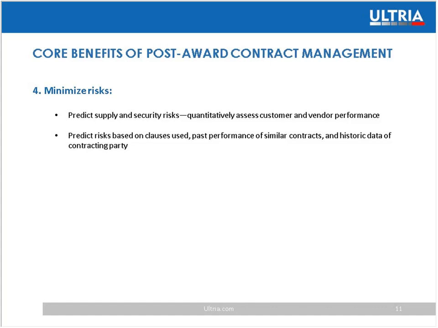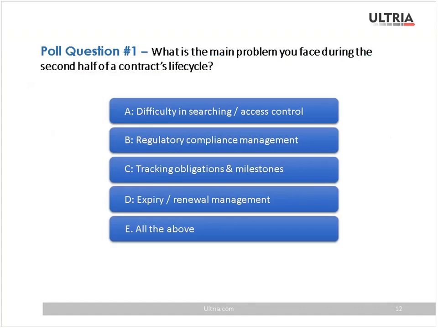So being able to predict supplier security risks, quantitatively assess customer and vendor performance, and then leverage this into the risk model that I mentioned earlier to predict future risk and remove uncertainties before they can occur. These are all part of the main 4 core tenets of the benefits of post-award contract management.